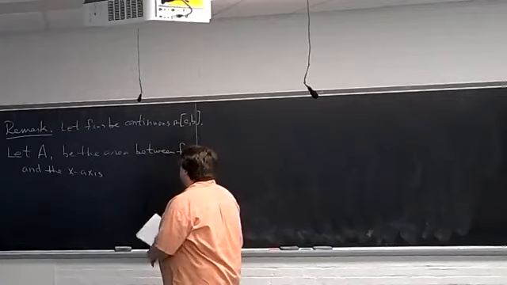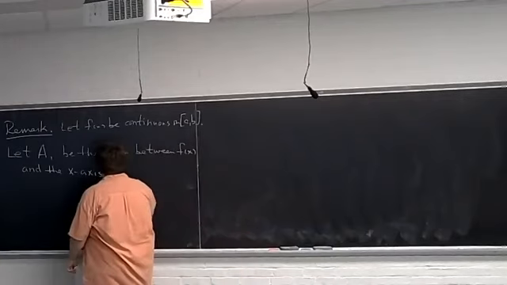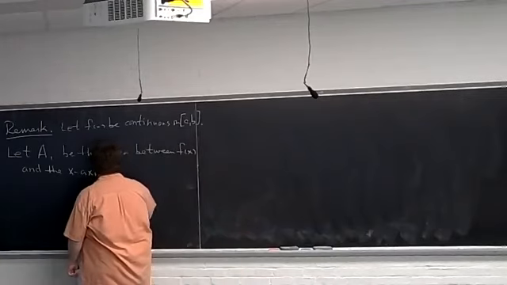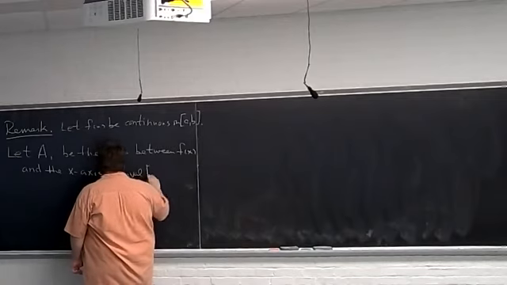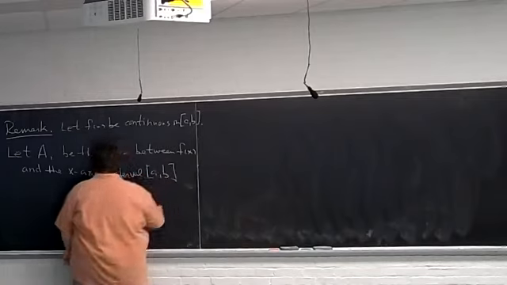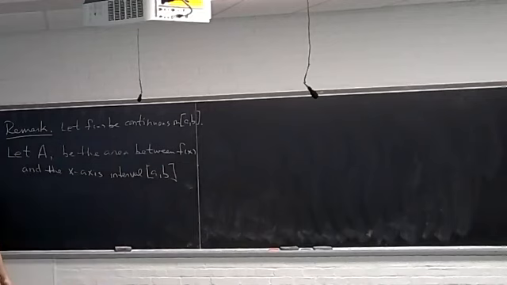Let A be the area between f of x and the x-axis. Interval. Let A1 be the area between f of x and the x-axis. Even in my notes, I don't like how this sentence is written. This is going to be written better.